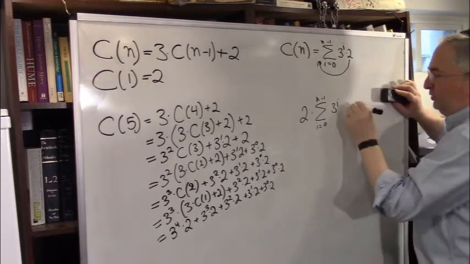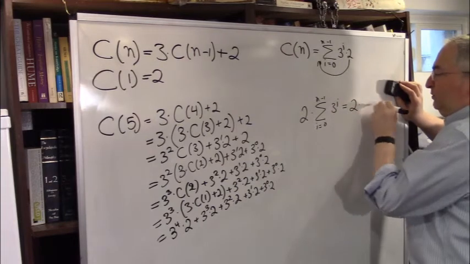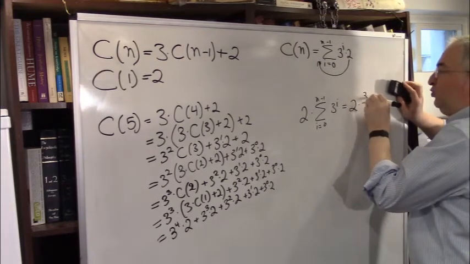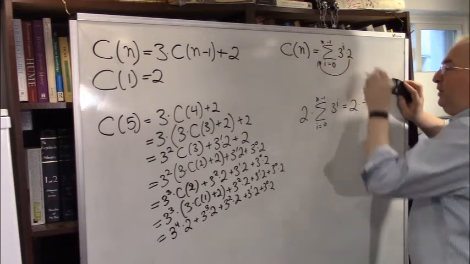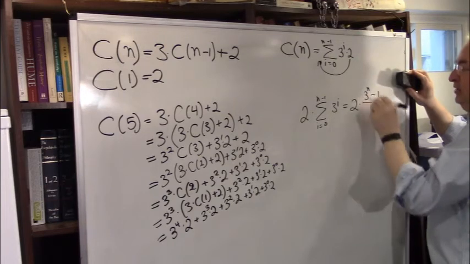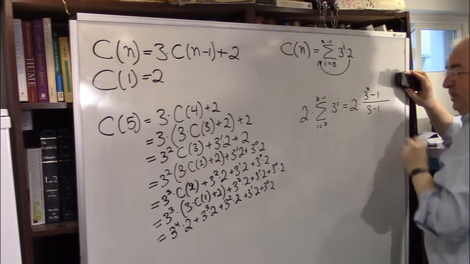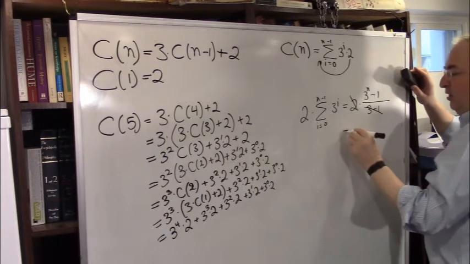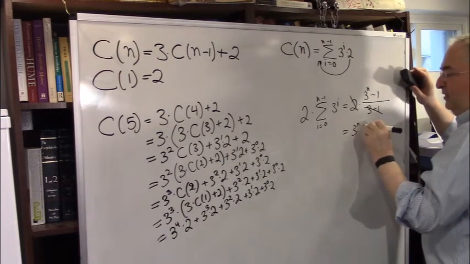This is equal to 2 times the geometric formula, so this becomes 3 to the n minus 1 plus 1, so that's 3 to the n, minus 1, divided by 3 minus 1. That's the geometric series. This cancels out with this, and you're left with 3 to the n minus 1.